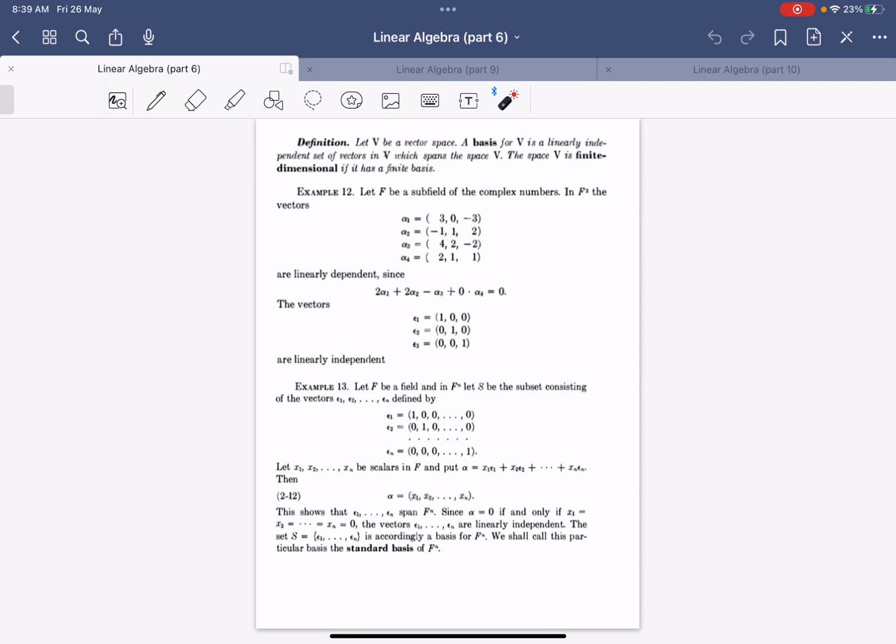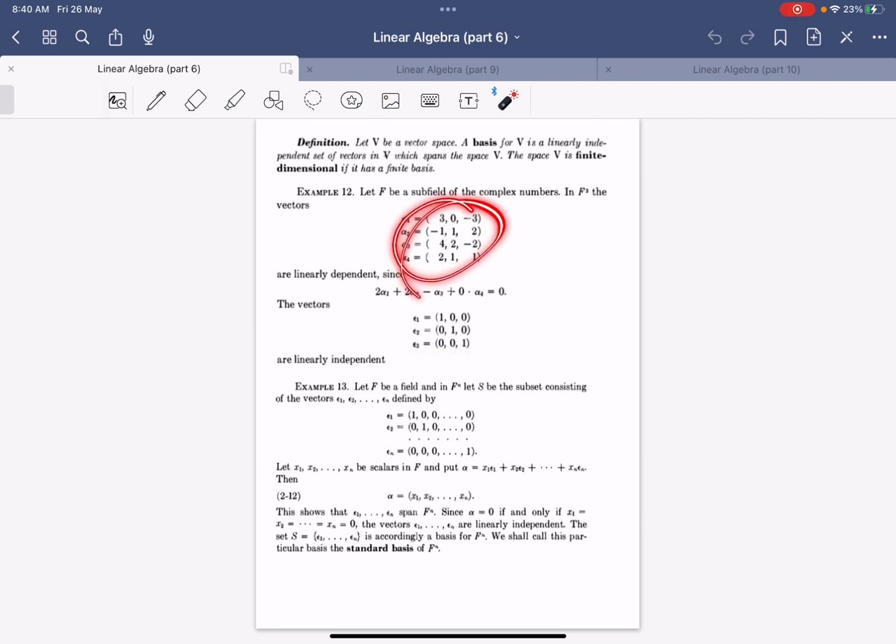So we let F be a subfield of the complex numbers, then F^3 has the vectors as follows. And this set is linearly dependent, since this linear equation holds true. And the vectors e1, e2, and e3 are linearly independent.